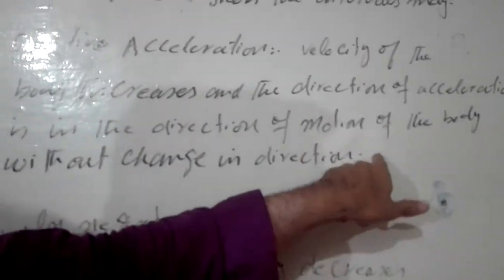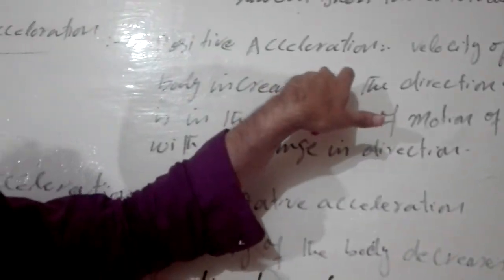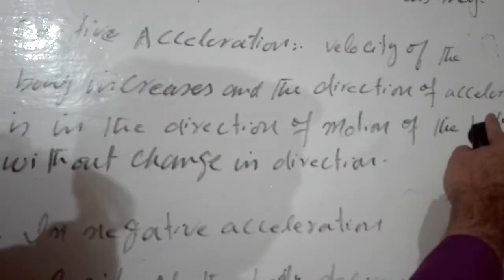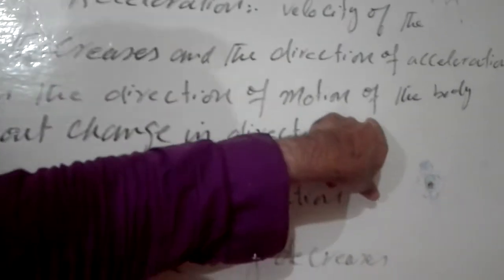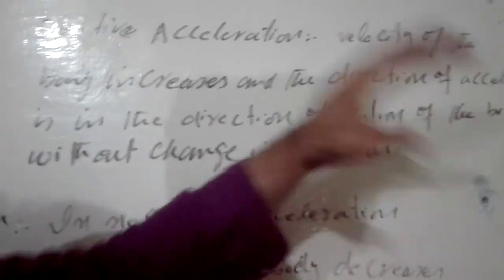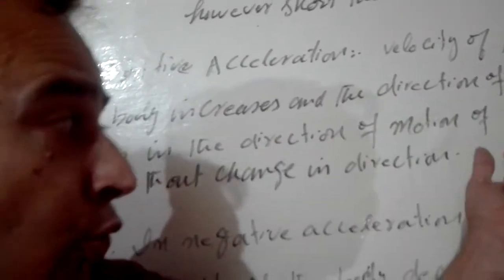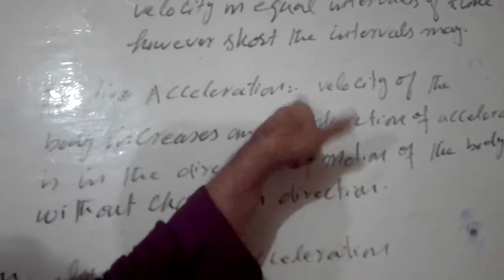Your fighter jet can move with positive acceleration because its velocity goes on increasing, and the direction of acceleration is always in the direction of motion. If the pilot does not decrease its speed, then in that case you can give this example. But you need not give an example because it is not in your syllabus. In your syllabus is only the definition.